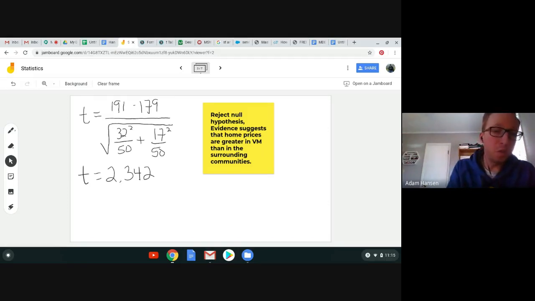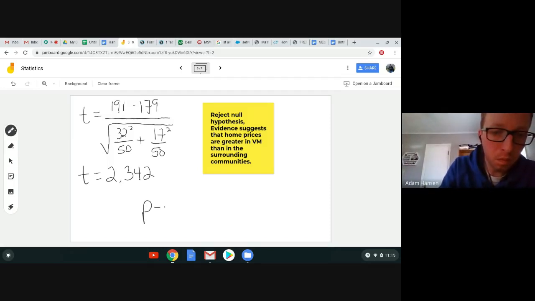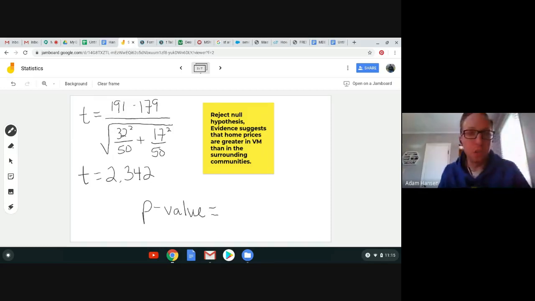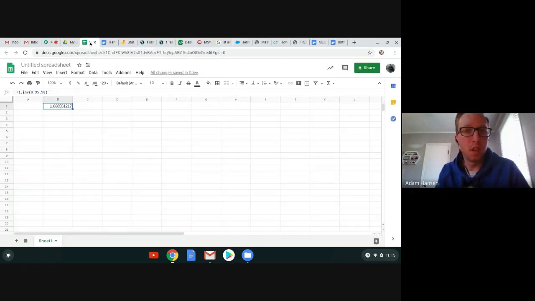The last thing we'll do is to find the p-value. You'll need to use Sheets for this. And the coding is equals T.DIST in some blank cell.